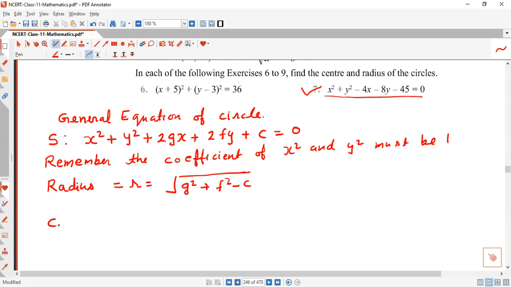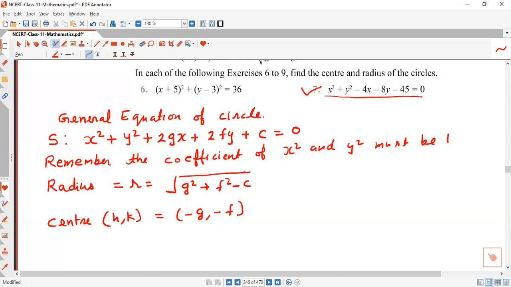Similarly, for the center h comma k, the center is minus g comma minus f. So this is basically the formula for an equation of a circle.